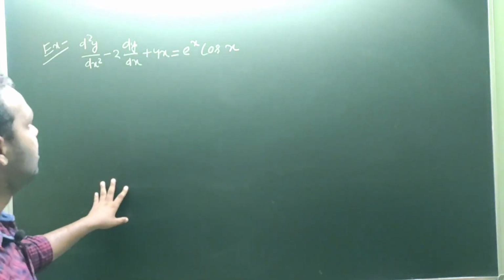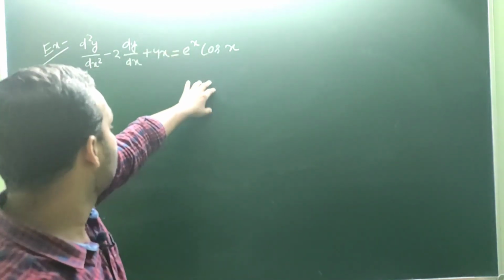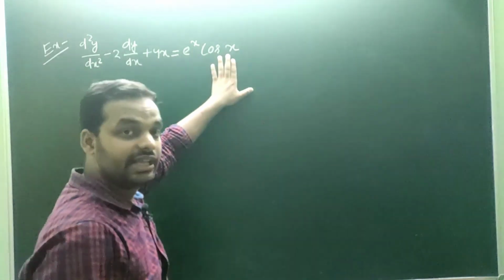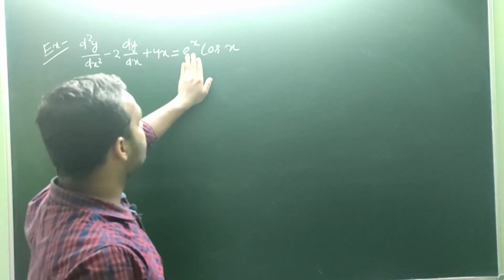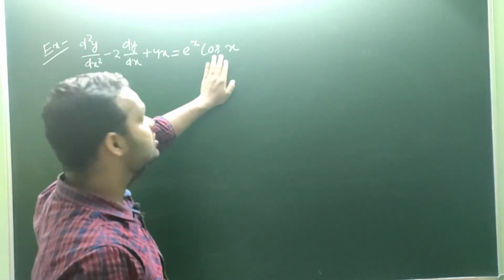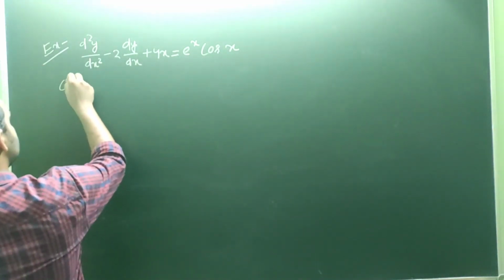So you can see here, this is a second order linear non-homogeneous differential equation. Here this r of x is e to the power x into cos x. So this is in the form e to the power ax into h of x, and here h of x is cos x. So let me find the complementary function first.